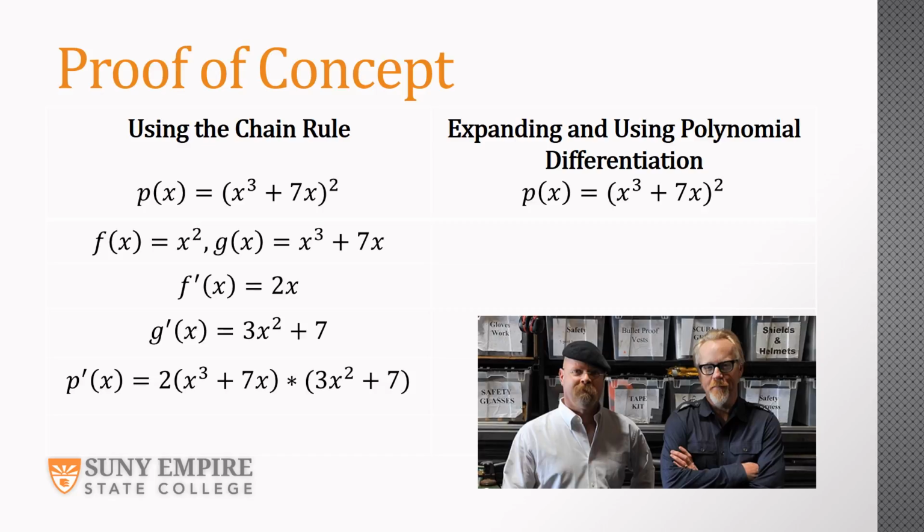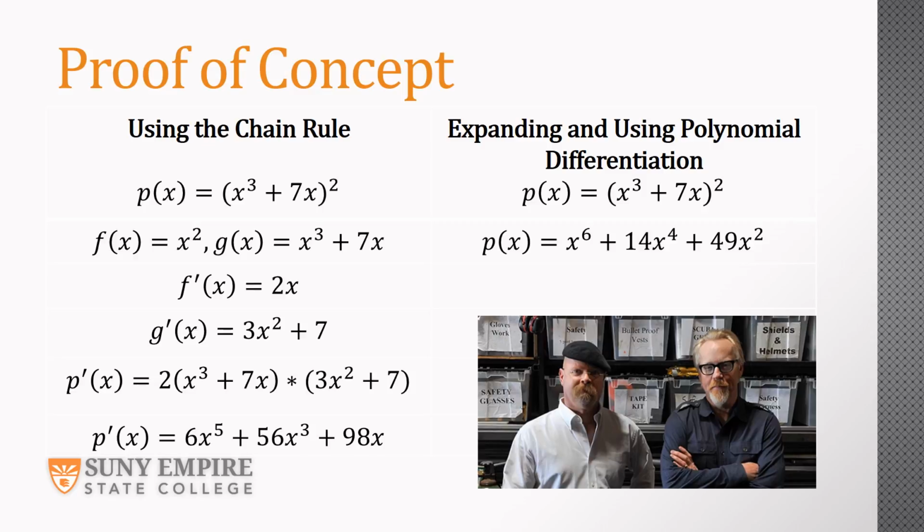So the derivative of the entire function p of x will be 2 multiplied by the quantity x cubed plus 7x, multiplied by the quantity 3x squared plus 7. If we multiply this out, we get a final form of 6x raised to the 5th power plus 56x cubed plus 98x.